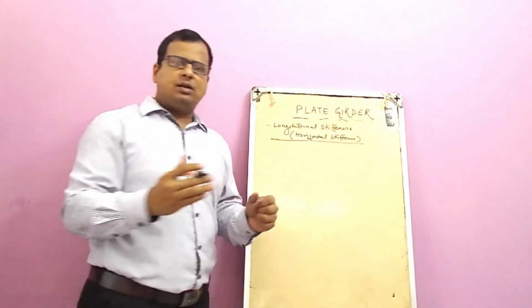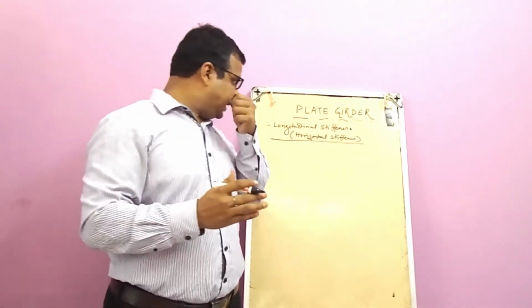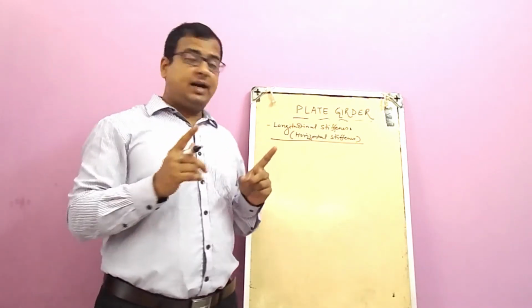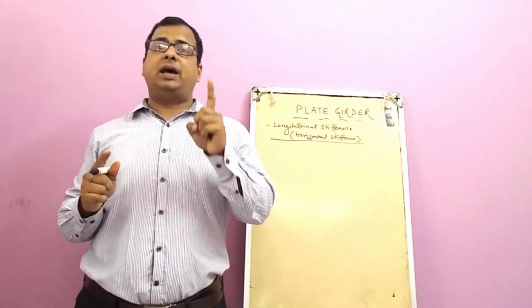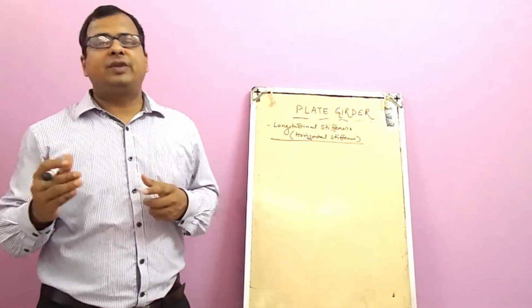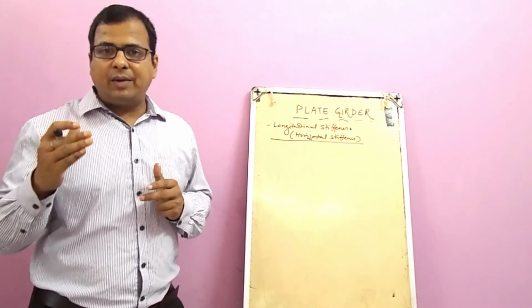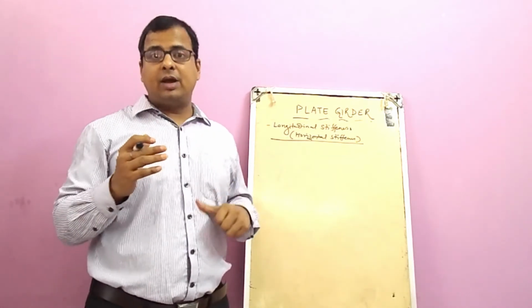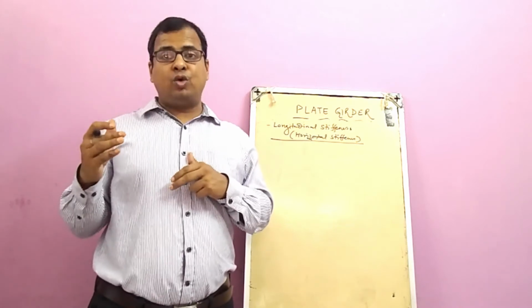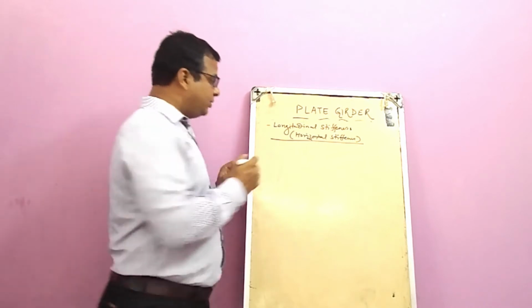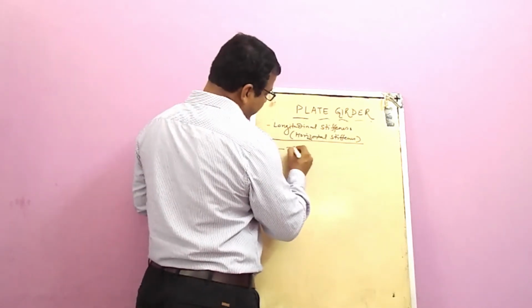Basically, there is a step-by-step provision for providing stiffeners. First of all we will provide the end bearing stiffeners. If we require more stiffening, then we will provide the intermediate stiffeners. In the third case, we will provide the horizontal stiffeners. When buckling is much more, then we will go for the horizontal stiffeners, and there may be two levels.